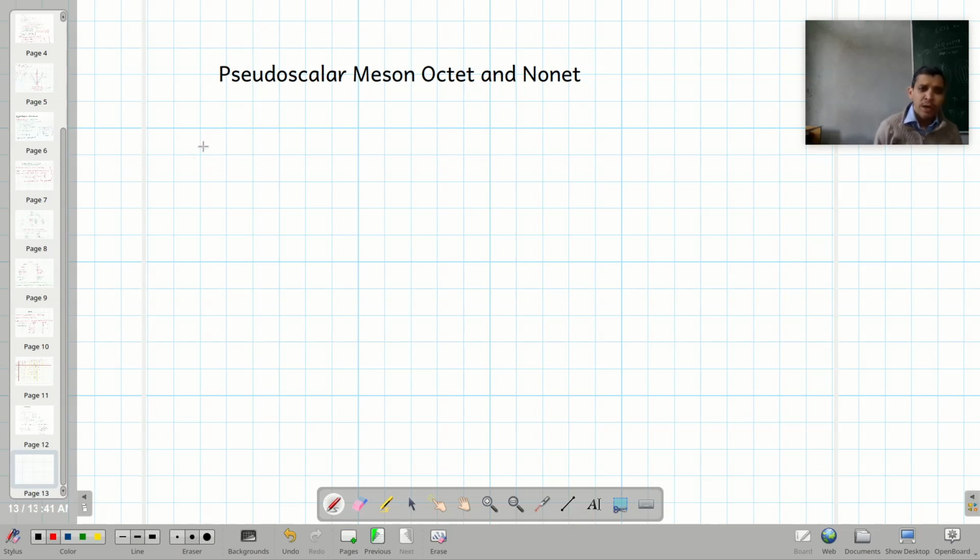So consider a quark, as we have discussed in the earlier lecture. This is the quark, and you have to see it carefully.